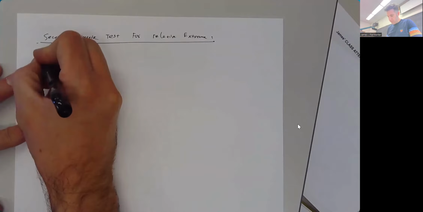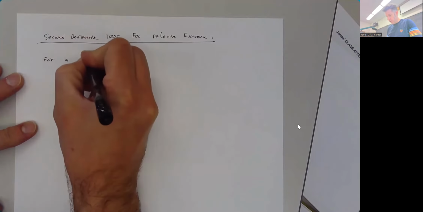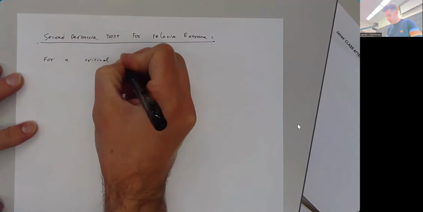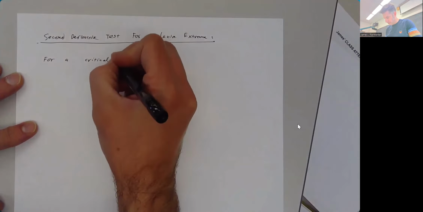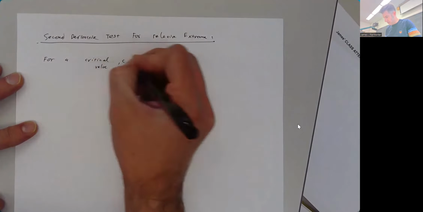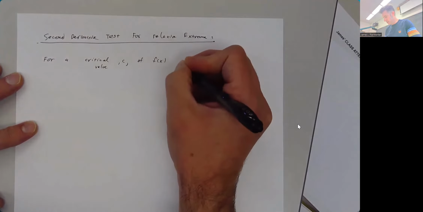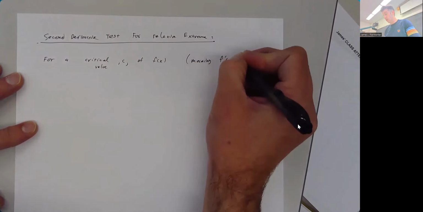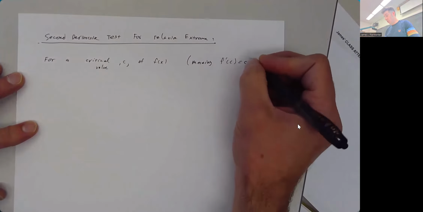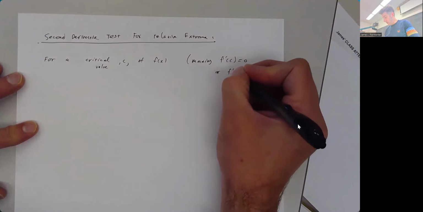So for a critical value C of f of x, meaning that f prime of C is either 0 or undefined.